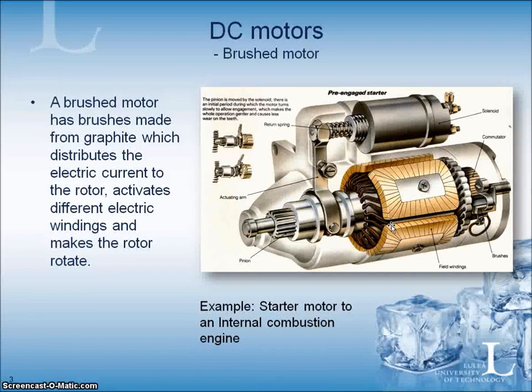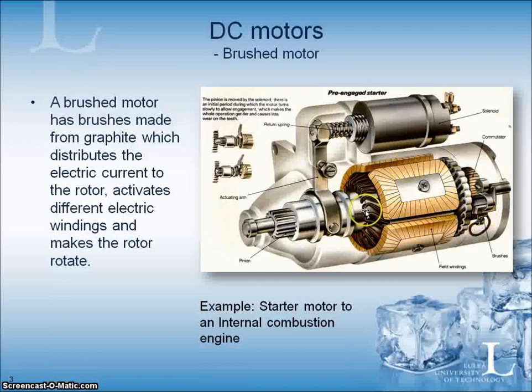And in this case you also have field windings. When you talk about the brushed motor, the most important thing is that you have these brushes. They are normally made of graphite. The commutator is made of copper.